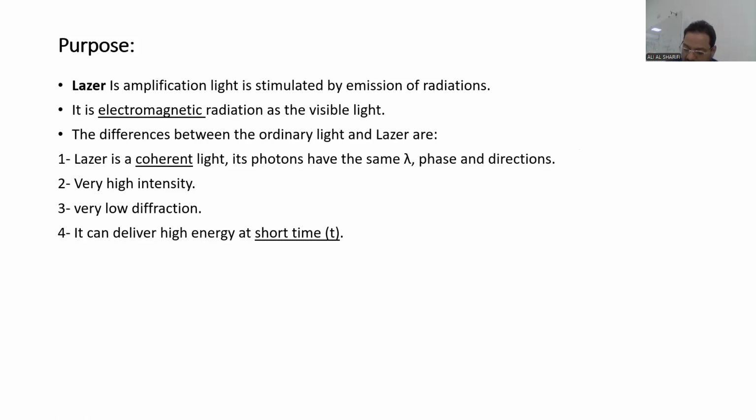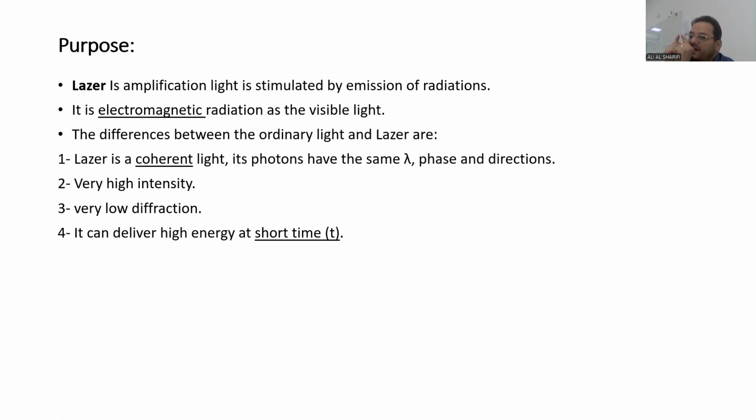That means it has diffraction like light, but the ratio between them is huge, okay? By using a double slit experiment, we could observe light diffraction. You know it, but I'm talking about the distance between these two slits.